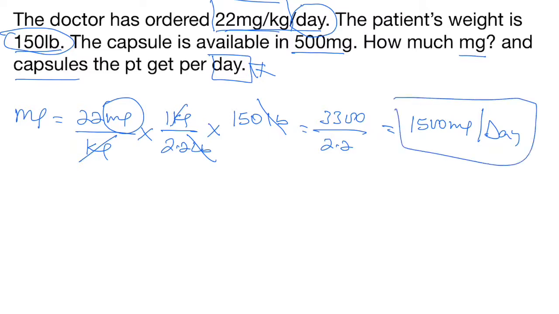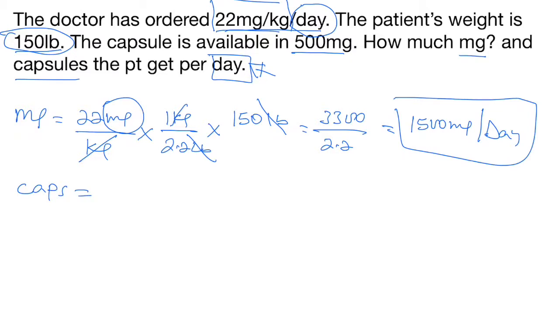We have solved one, and we know the capsule is available in 500 milligram. So now to answer the second question, caps, that's what we are asked, how many capsules he will get.